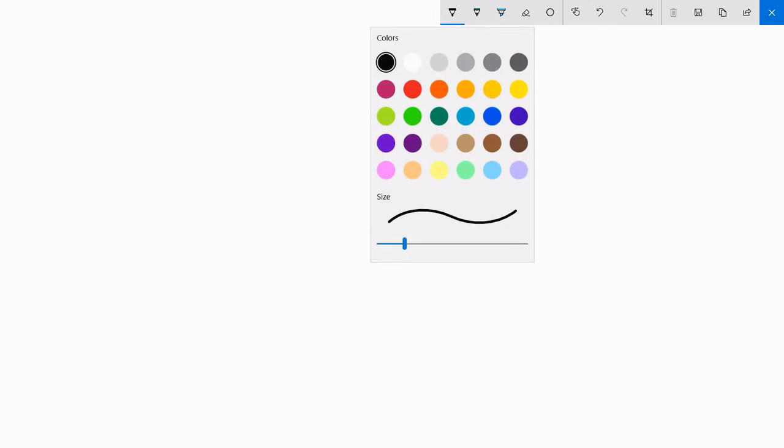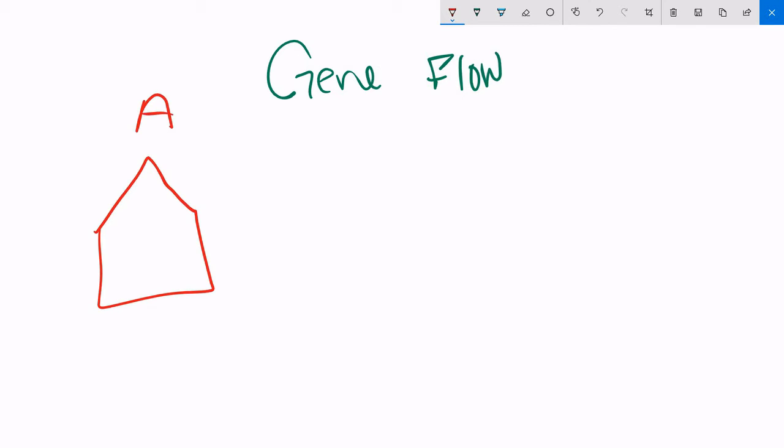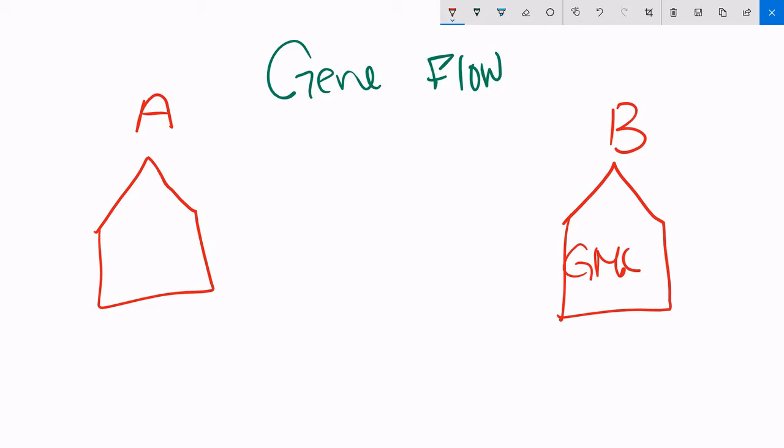Now, there are some people that believe that GMOs are not good because of something called gene flow. So, I'll show an example of what gene flow is. Let's say we've got farm A, and this is farm B. Farm B is a GMO farm.